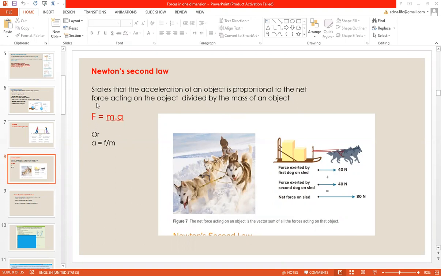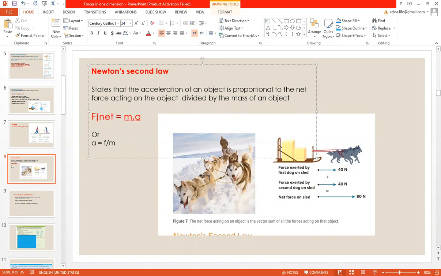What do we mean by net force? The sum of all the forces that are acting on the system. If it's different than 0, if it has a certain value, the object will certainly move and it will accelerate.